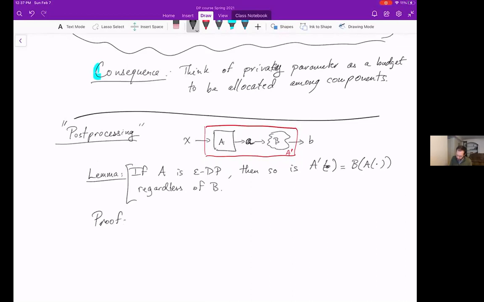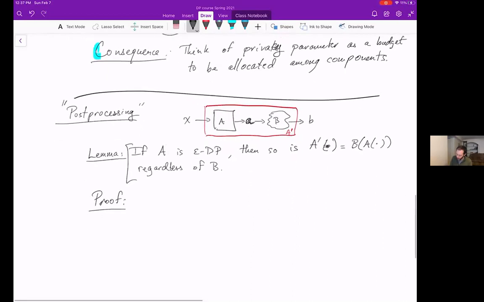Okay, so let's just prove that. It helps to first think of what happens. So let's first prove it when B is just a deterministic function.